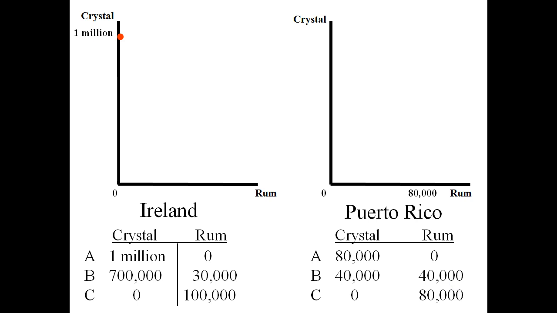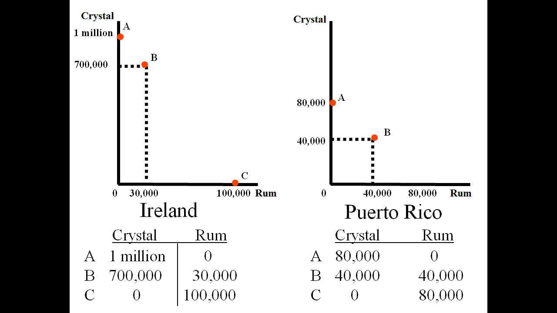So for Ireland, we have 1,000,000 crystal, 0 rum; 700,000 crystal, 30,000 rum; 100,000 rum, 0 crystal. For Puerto Rico, 80,000 crystal, 0 rum; 40,000 crystal and 40,000 rum; and then 0 crystal and 80,000 rum.